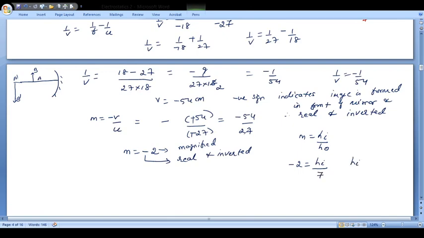So the height of the image is minus 14 centimeters. What does this minus sign indicate? That your image is inverted. So go through these numericals, students.